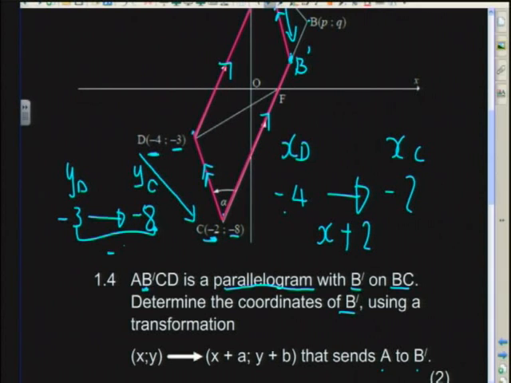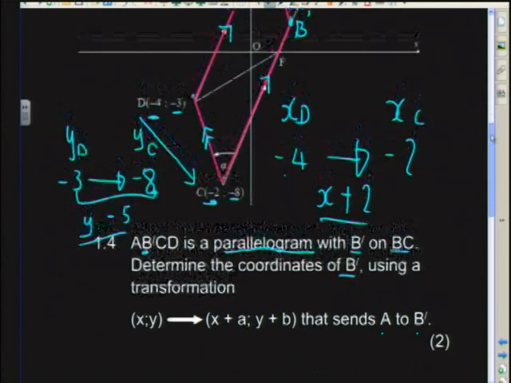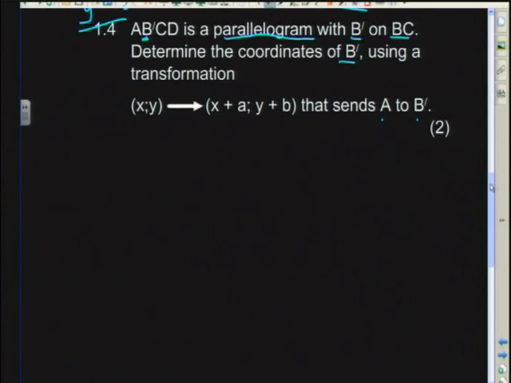We subtract 5, so we move 5 units vertically. So the transformation on y is y minus 5, the transformation on x is x plus 2. So therefore, we know the rule that is going to take us from (x, y) to the next point is going to be (x plus 2, y minus 5).